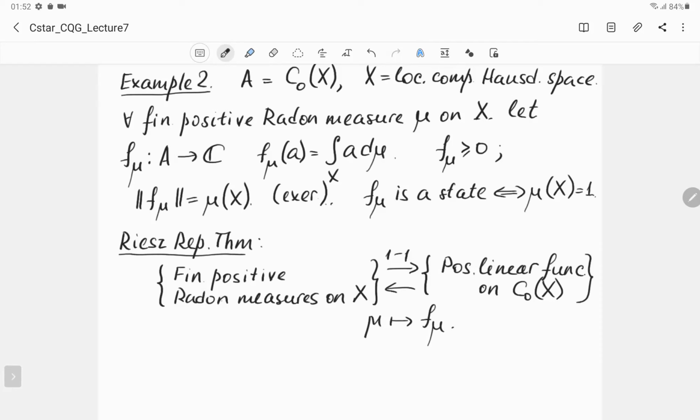So from this point of view, positive functionals on C-star algebras can be interpreted as non-commutative analogs of finite positive Radon measures.